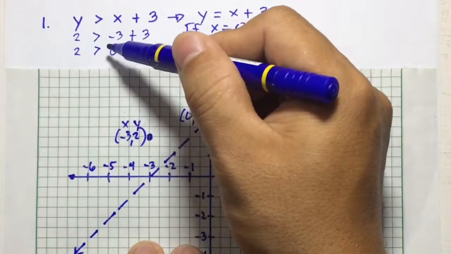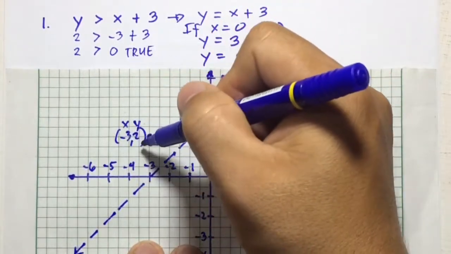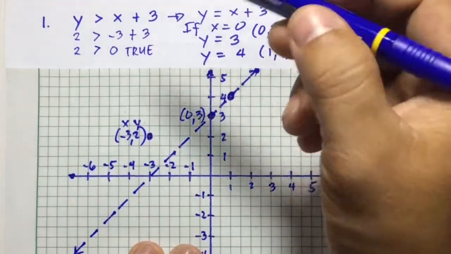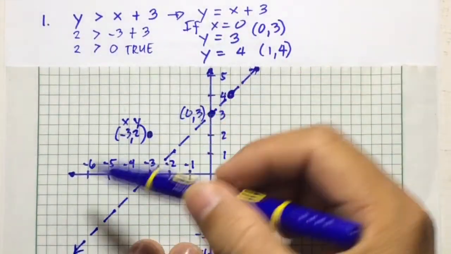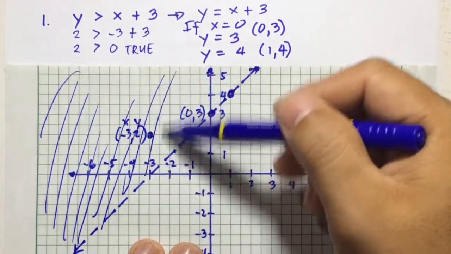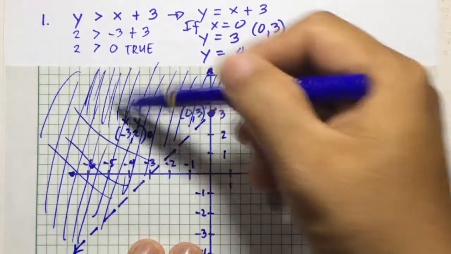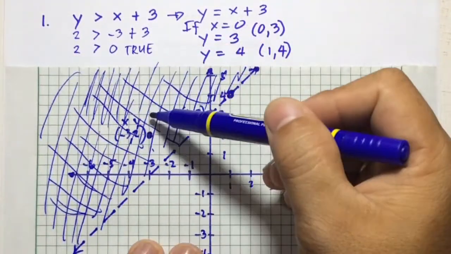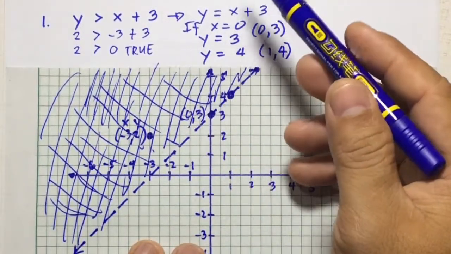So 2 is greater than 0. This is true. Meaning, (-3, 2) is one of the solutions of this inequality. Meaning, you're going to shade this side of the graph. So we're going to shade here. This means that all of the points found on this side of the line are part of the solutions.